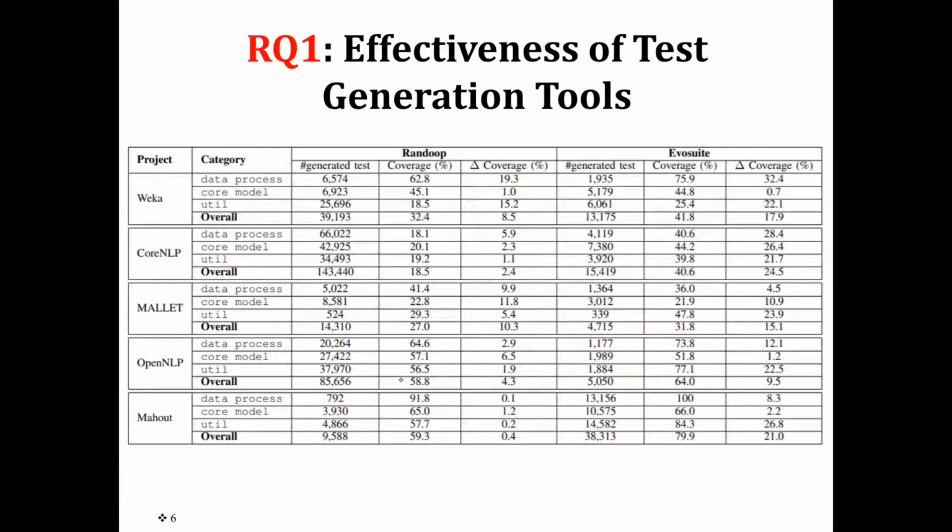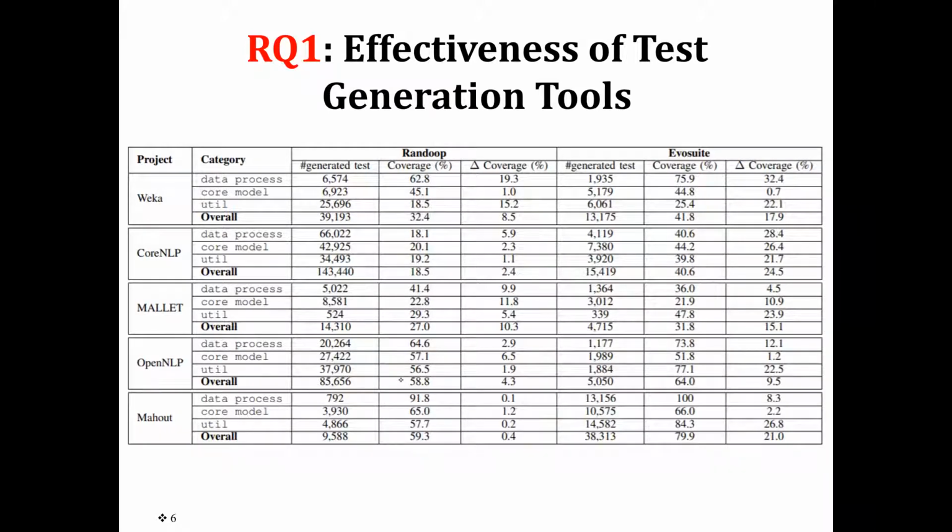The table here shows the coverage information. We show the number of generated test cases, absolute coverage, and the additional coverage compared to the original test cases. We can see from the table that overall, both Randoop and EvoSuite achieve a higher coverage compared to the original test cases.